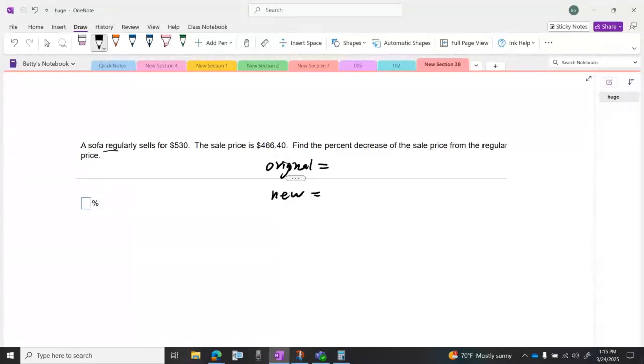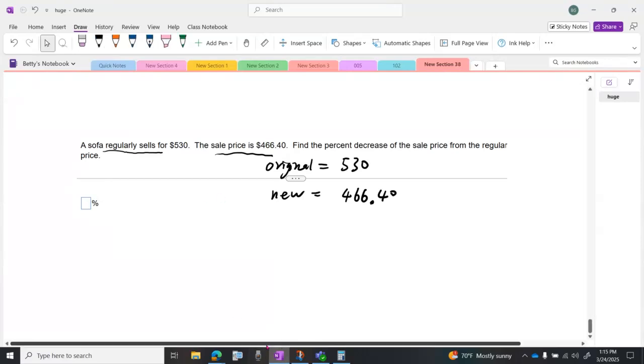Original, the regular price is the original price, right? $530. Originally, the sofa sells for $530. And the new price, after the discount, the sale price is lower. So new price is $466.40. You write down original and new.